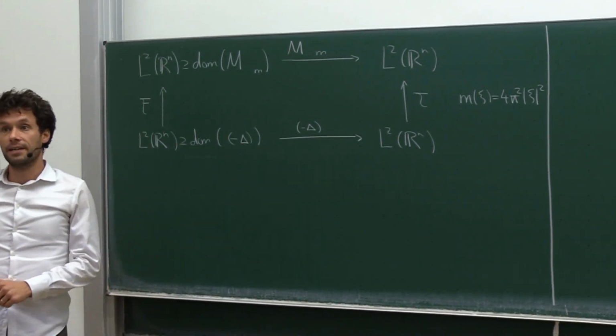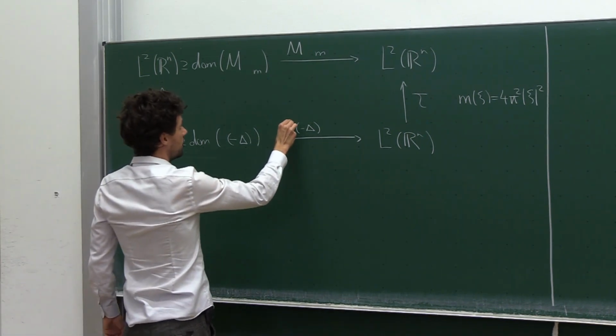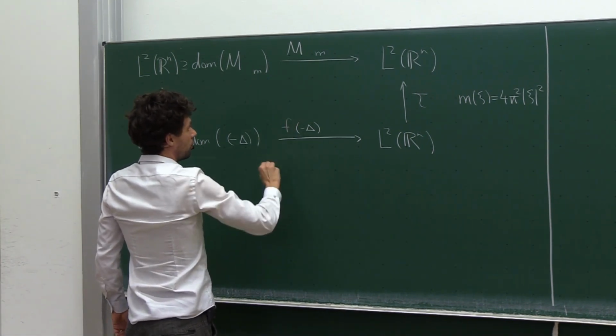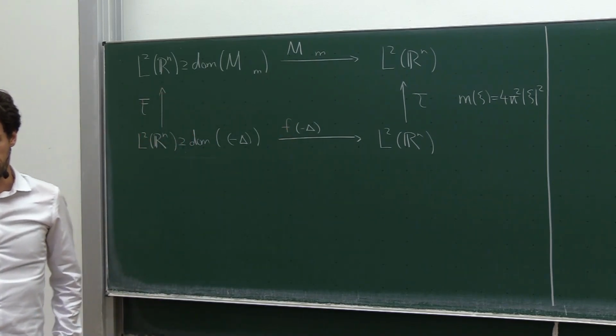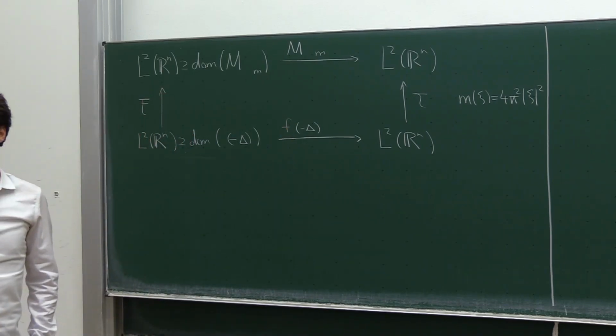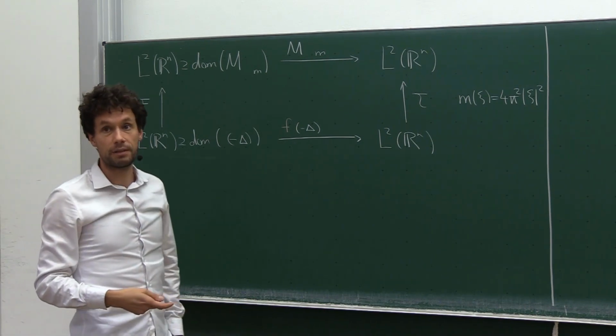Okay, so we had this commutative diagram that through the Fourier transform, the Laplace operator is unitarily equivalent to this multiplication operator. And we took benefit from this observation by getting a good idea of what f of minus Laplace operator should be when f is a function defined on positive real numbers.